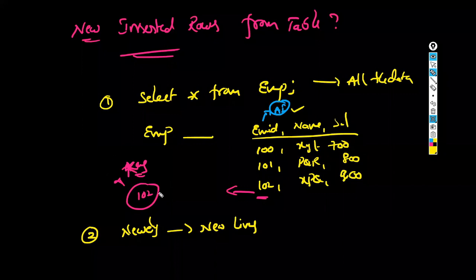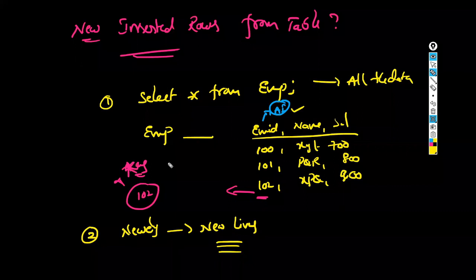Then it automatically stores that value inside the key, and every time it checks, whatever employee ID is greater than 102, we pick only those values. So this is the way we can create this kind of mechanism.